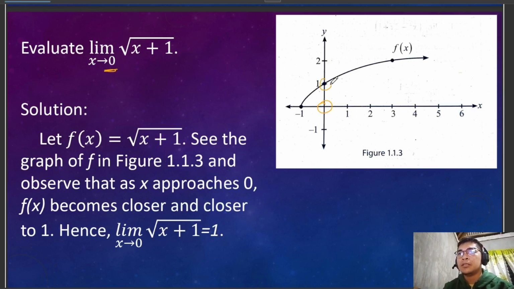So what's the limit? We have this one area, which is 1. As we observe, as x approaches 0, our f of x becomes closer and closer to 1. So our limit for the square root of x plus 1 as x approaches 0 is 1. Okay?